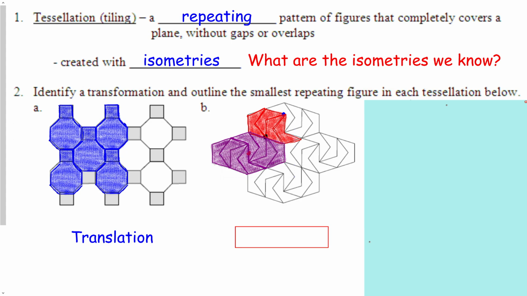I just changed the center of rotation to the midpoint of this line. Here's that shape again, and if I rotated it around, it would end up matching just like we need. So again, changing centers of rotation would allow us to use rotations to perform this tessellation.